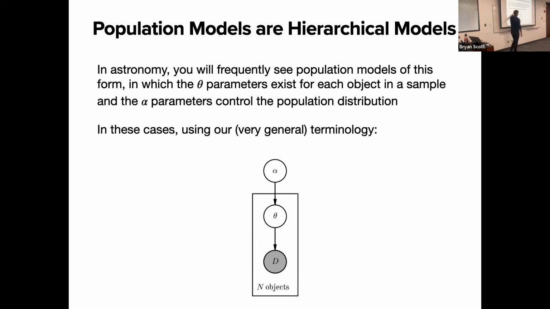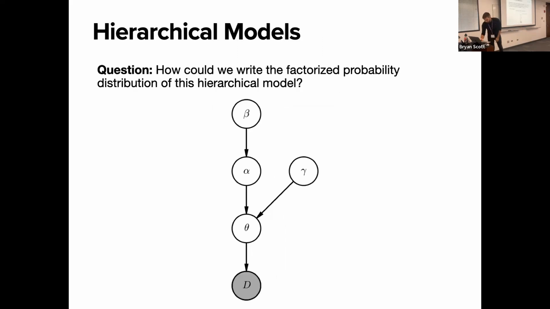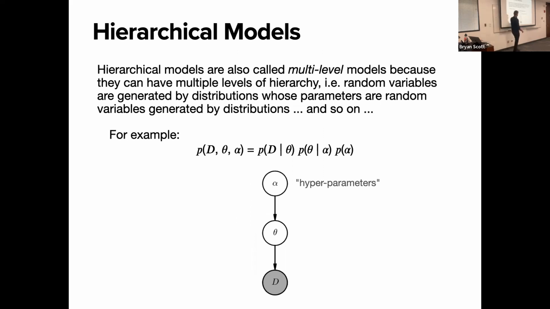So using the very general terms that we said before, by the way, I think I forgot to say a word. Here in this structure, which we're going to come right back to, this is data. You might call these parameters. Sometimes the things that are one level up or several levels up are called hyperparameters.